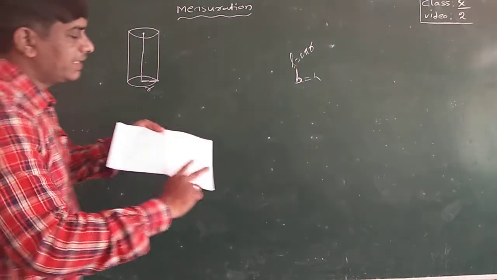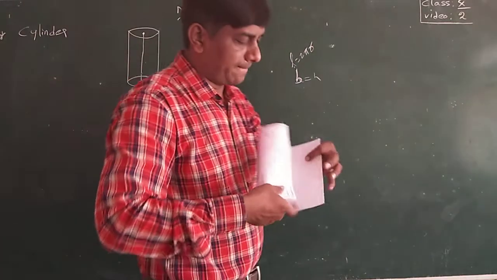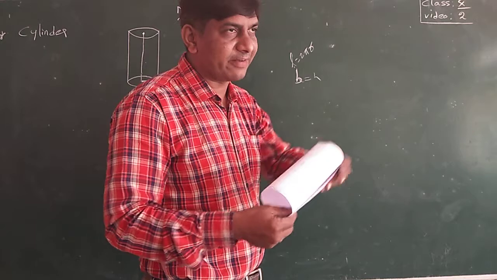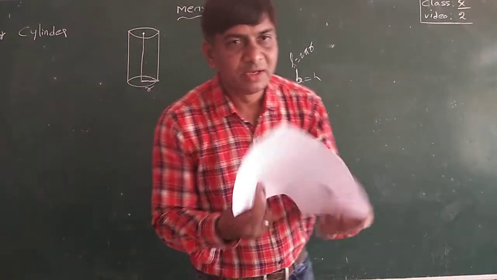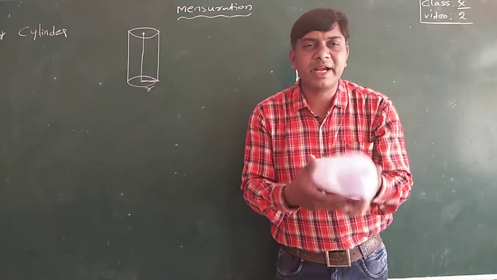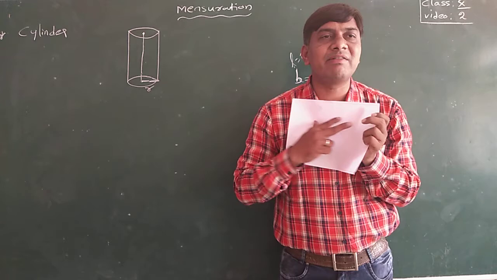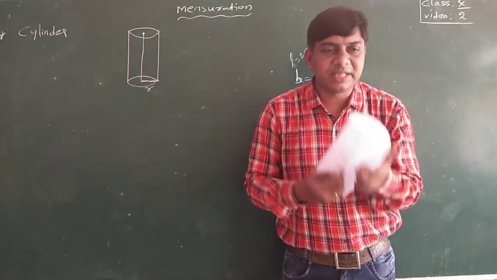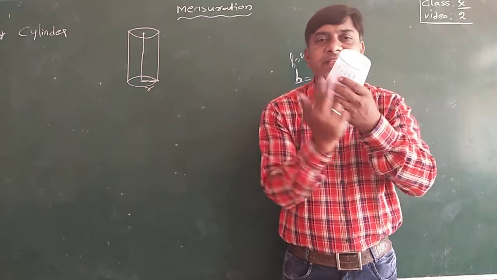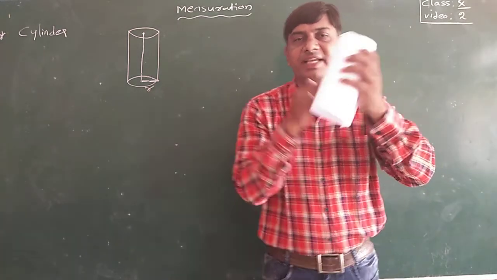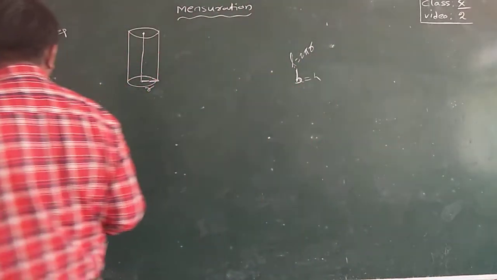So is this only the curved surface area or not? With the rectangle, you made a cylinder, so whatever the area of the rectangle is, that gives the curved surface area of the cylinder.